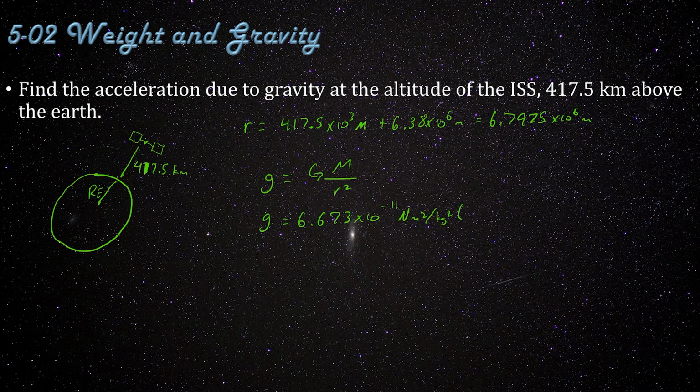Our mass, that would be the mass of the Earth, 5.98 times 10 to the 24 kilograms. And then our distance was 6.7975 times 10 to the sixth meters. Don't forget to square that. And you end up with 8.64 meters per second squared.